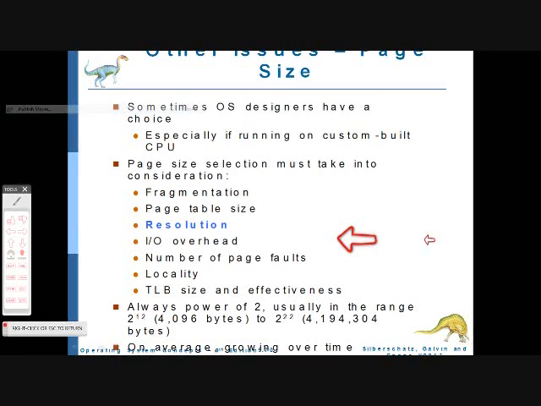If you increase the page size, what happens with the translation look-aside buffer size and effectiveness? If there is a great page size in the random access memory, and you have a great TLB size, then there is a greater chance of hitting all the memory references in the random access memory, because the greater the page size, the smaller the number of free frames in the random access memory. But if there is a smaller page size, then there is an increase in the number of free frames in the random access memory.